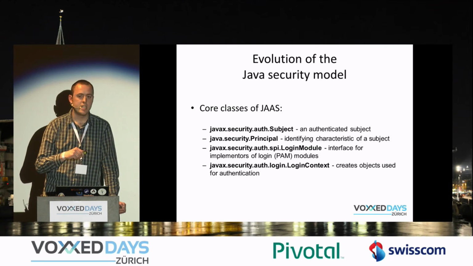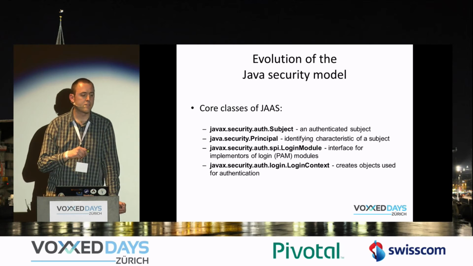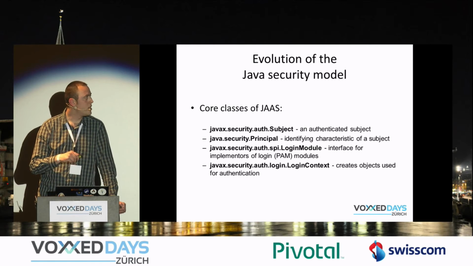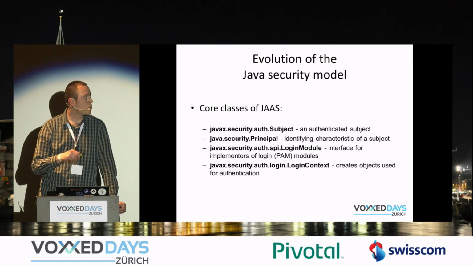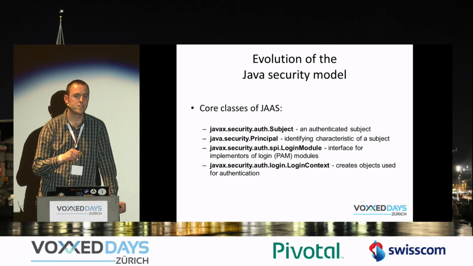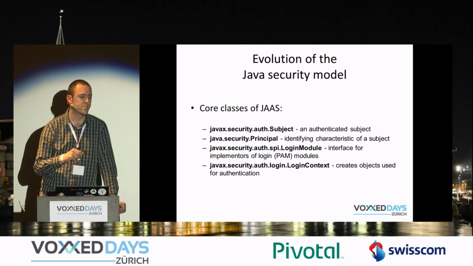In the standard JDK libraries, we have a few login modules implemented for different purposes. Once you authenticate a user, we create an instance of a subject, which represents the actual user and has one or more principals, which are the attributes of that user, for example username, email address, and so on.